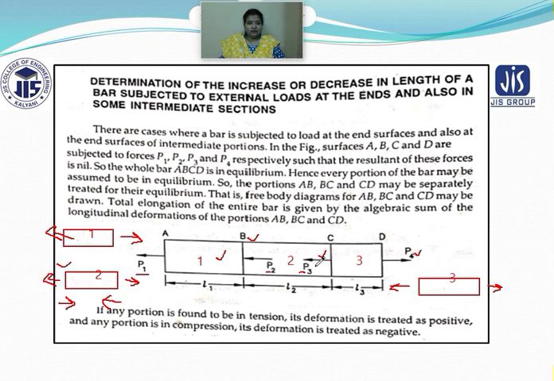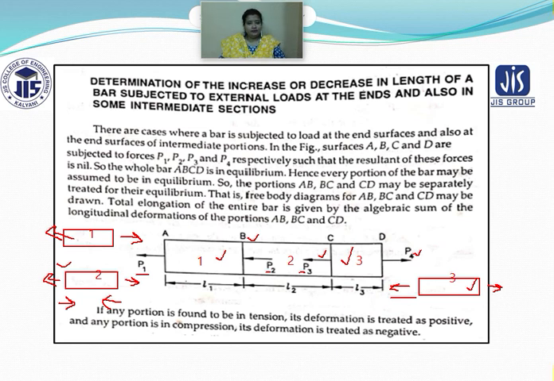So if you sum up the negative and positive load, you will get a positive value, because the compressive load has a value of negative 2, but in bar 3 for plane C you have got a positive value of 4. So plus 4 minus 2, you get a result of plus 2. So this plus 2 means it is a positive load. So here for 3 you have written tensile, you can see.